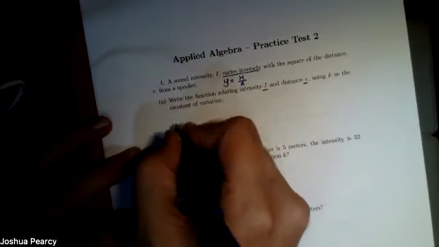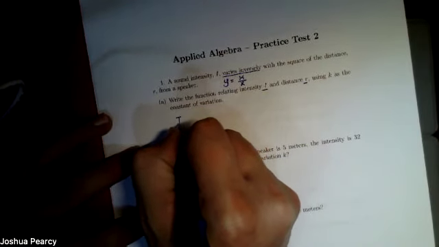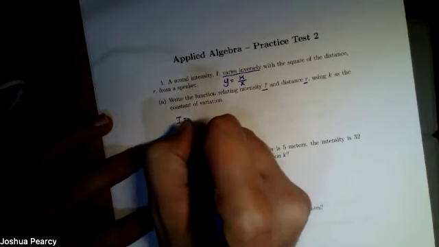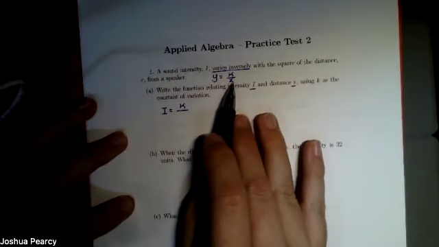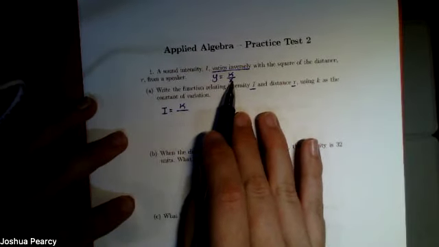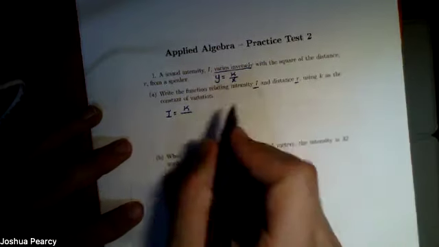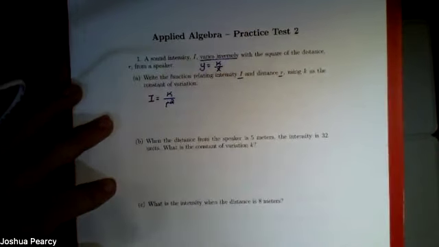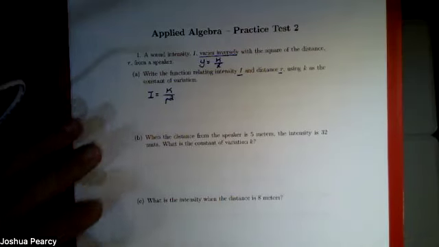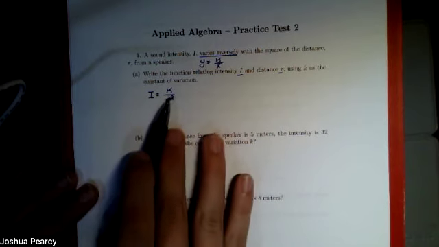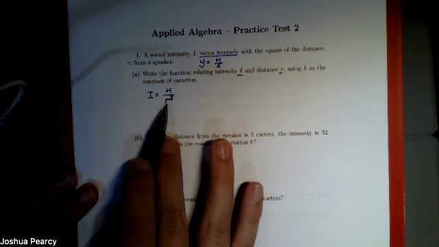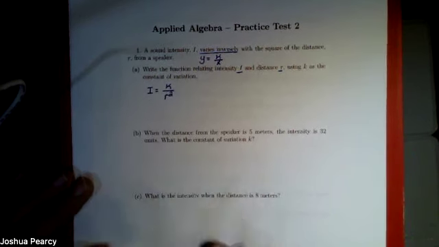So if I'm trying to write this, this would say that I is equal to our constant of variation k divided by, in this case, we're thinking this as r right here, but it says it's going to vary inversely with the square, so this is going to be r squared down here. So that's how we're going to write the function relating the intensity I and the distance r using k as the constant of variation. So now we have the general form here where I is equal to k over r squared. Now we want to figure out what k is by using this next part here.